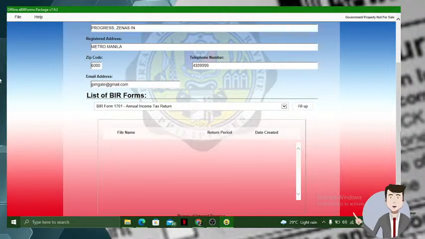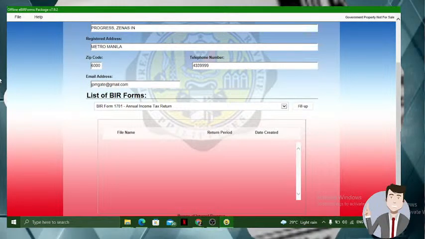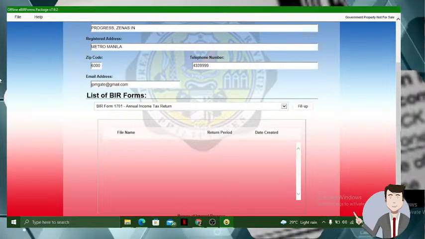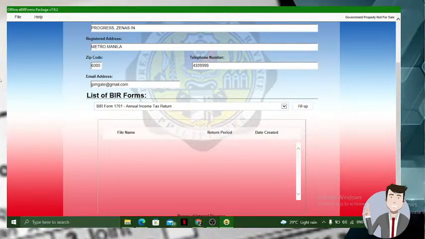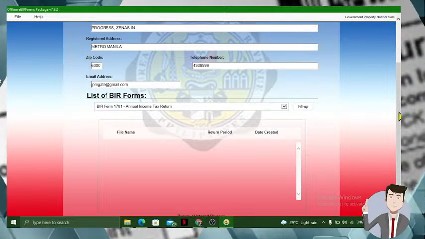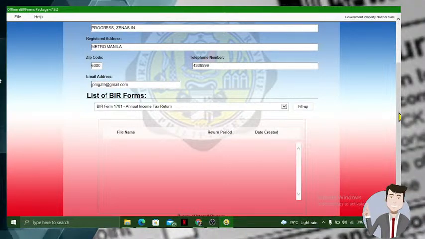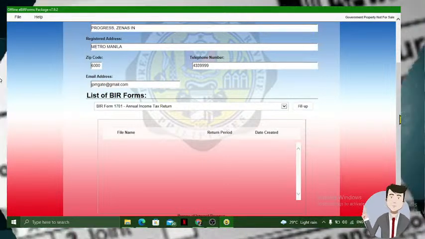After which, you have to print your accomplished BIR Form 1701, and the same will be paid to your bank of choice. Okay? After paying, the bank on which you made your payment is the one to forward the paid copy or the received copy of your BIR Form 1701.